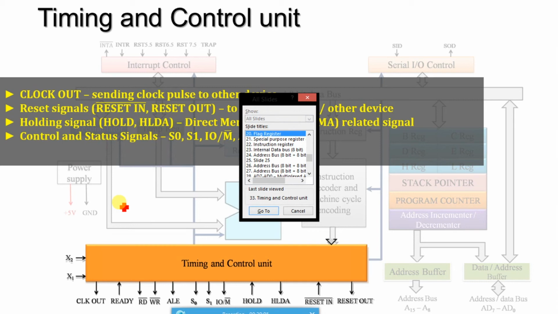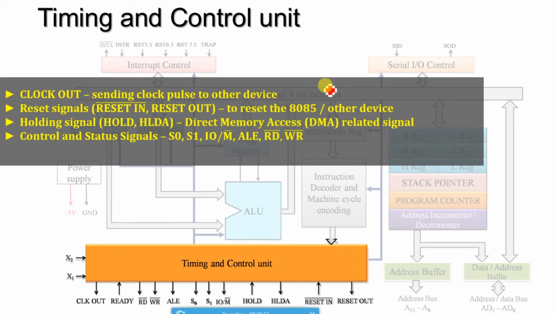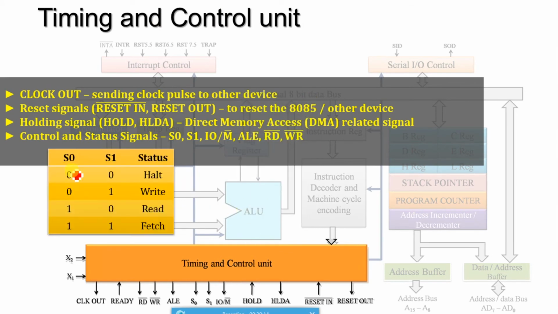During that write operation, 0, 0 is nothing, okay, there is no operation carried out in 8085. So there is a symbolic representation. With the help of these two signals, we can discriminate the opcode from the data.